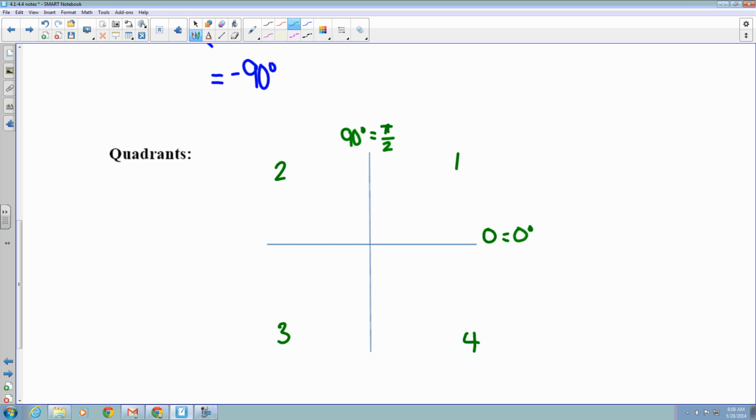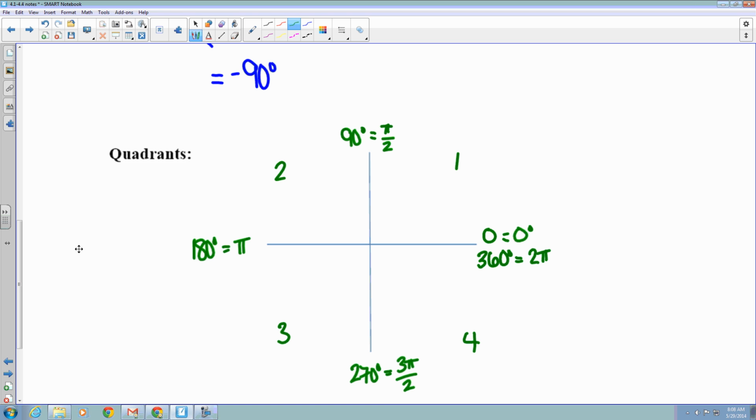You need to become comfortable with these and understand these. The horizontal over here is 180 degrees or pi. And the last vertical is 270 or 3 pi over 2. And one full revolution would be 360 degrees or 2 pi.